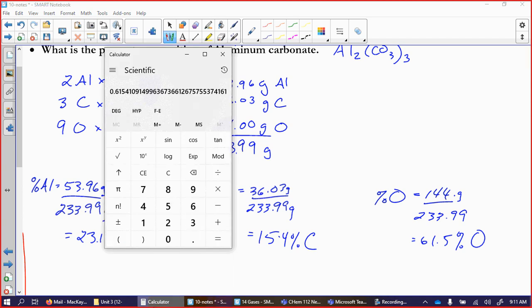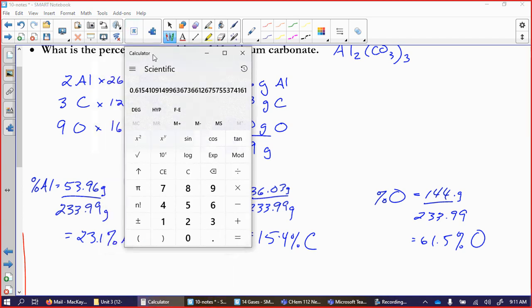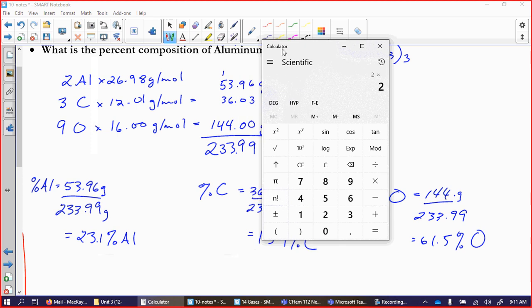Because I could do my molar mass, wow, that was 2 times 26.98 plus 3 times 12.01. I can do that all at once. 2 times.